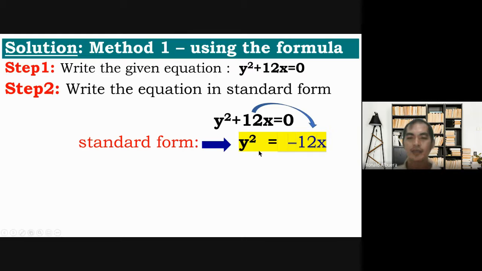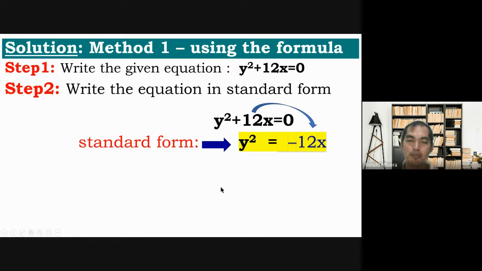If you recall our definition of the parabola from the earlier discussion, if the squared variable is y, the opening of the parabola is sideward. Since the sign of 12 is negative, it means to the left. That's the clue: the sign of the term on the right side, if negative, means the opening is to the left.